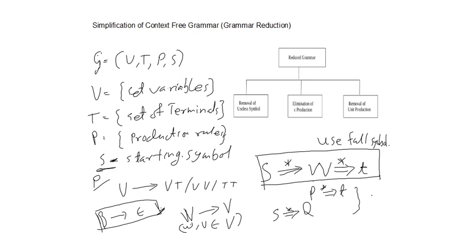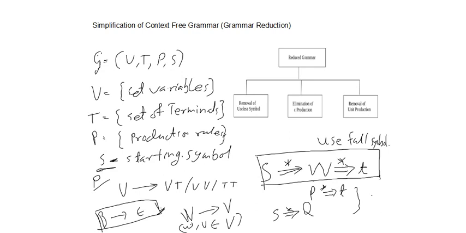Then we'll see unit production. Any production of the form W implies V, where V, W belong to the set of variables or non-terminals. Meaning in the grammar, in the production rule, both the left hand side and the right hand side contain a single variable or non-terminal.